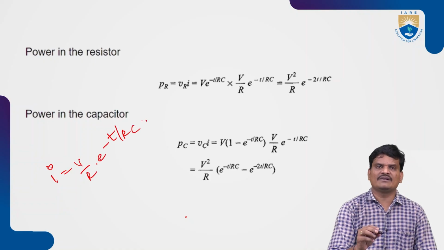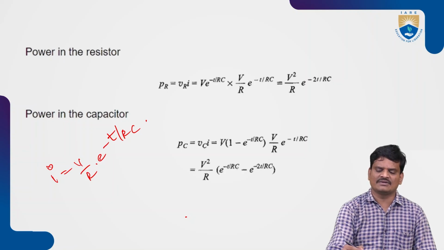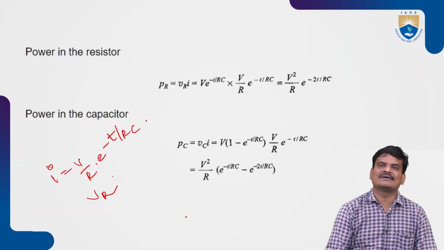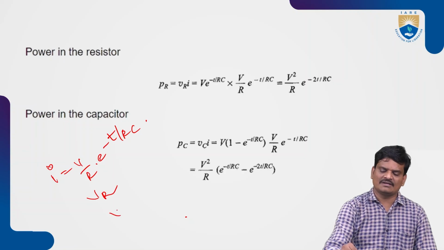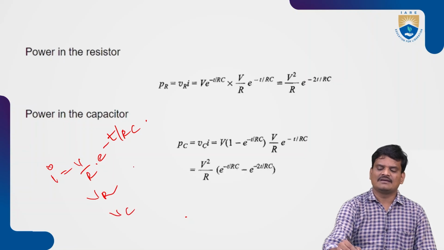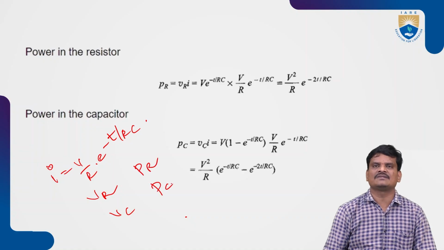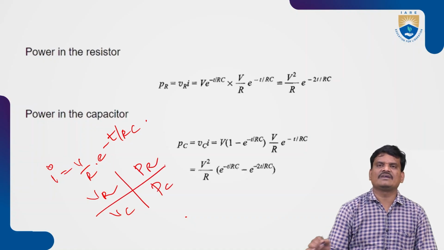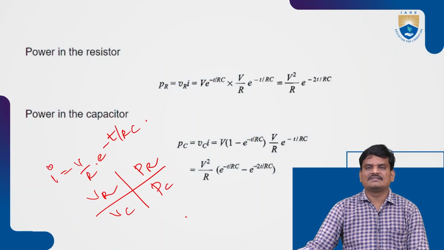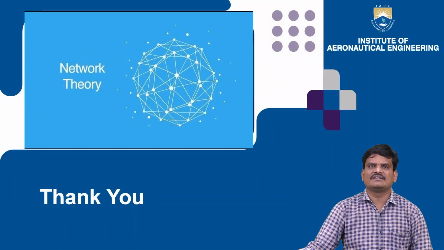By using this particular complete solution of the current for a DC response of a series RC circuit, I have evaluated the voltage across the resistor, the voltage across the capacitor, and in the similar fashion, power flow in case of a resistor and power flow in case of a capacitor. So this is regarding the DC response of a series RC circuit.